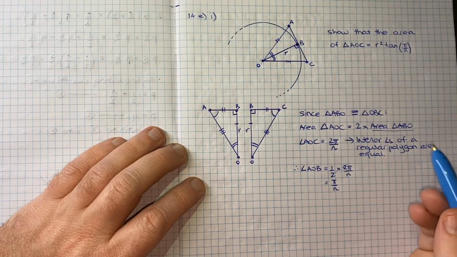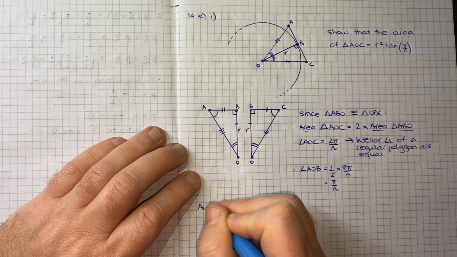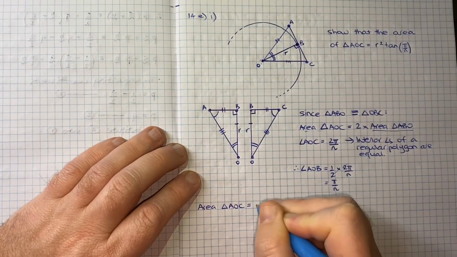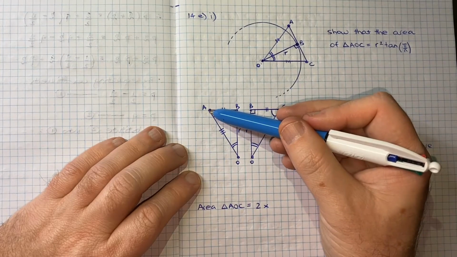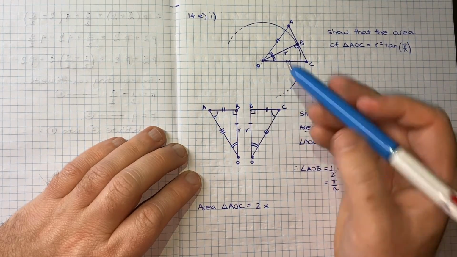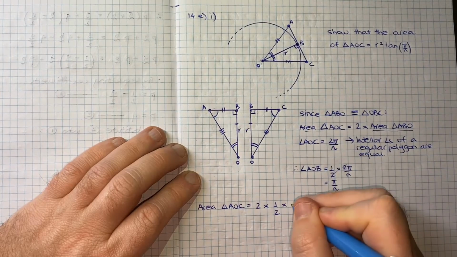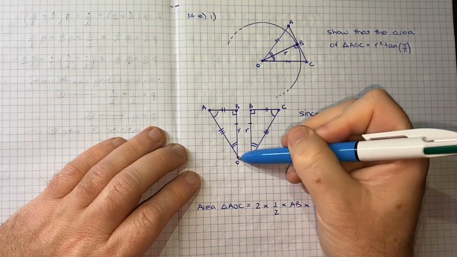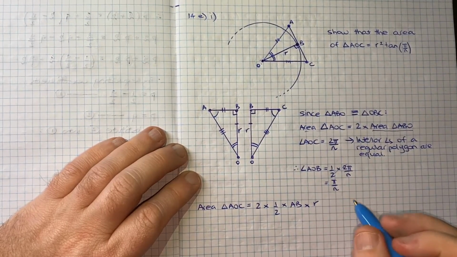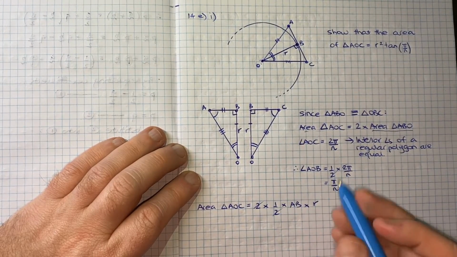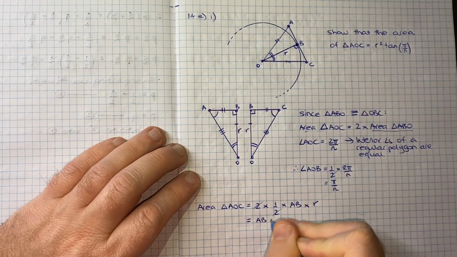So if I restate this down here, the area of triangle AOC is equal to 2 times the area of triangle ABO, and the area of triangle ABO will be half times the base, which we can call AB, times the height, which would be BO, which in our case we know is the radius of the circle, R. So these 2's will cancel, so that this total area that we care about is just going to be the length of AB times the radius.